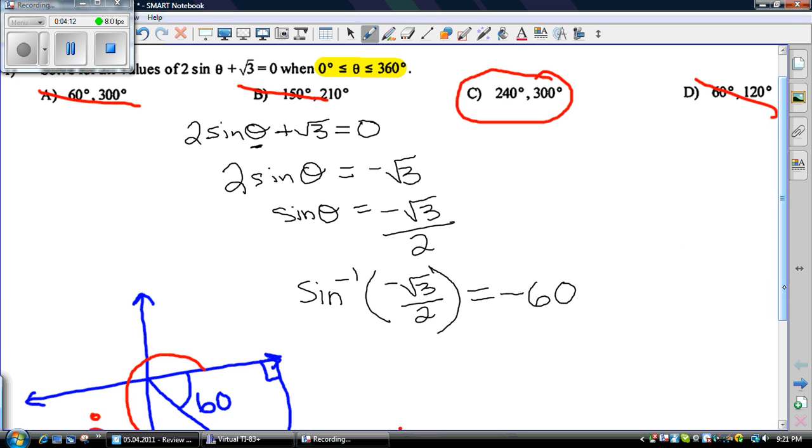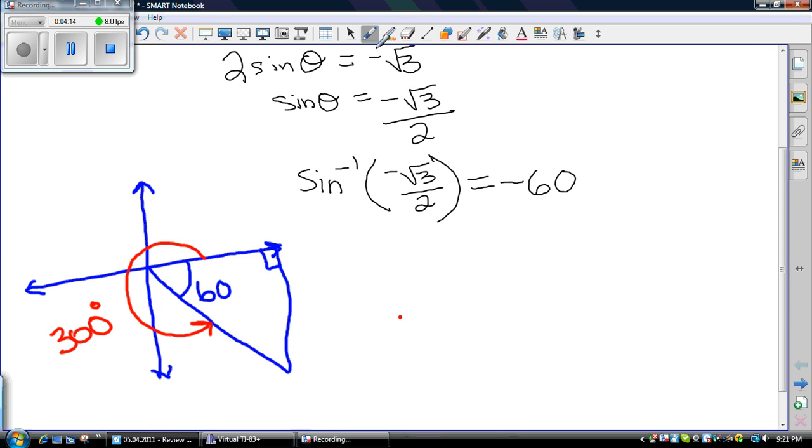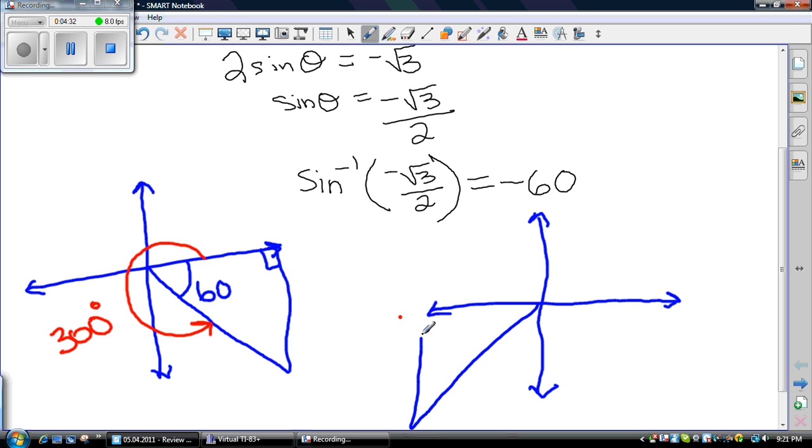Now, how did I get that other 240? Well, here's how. You get 240 by drawing the other reference angle, drawing the other triangle into the other quadrant where sine is negative, and that's the third quadrant. Just same triangle, 60 degrees over here.